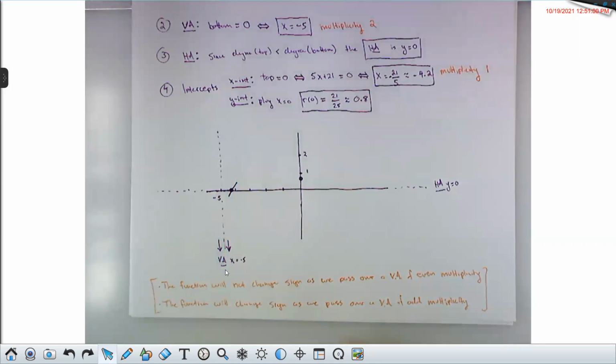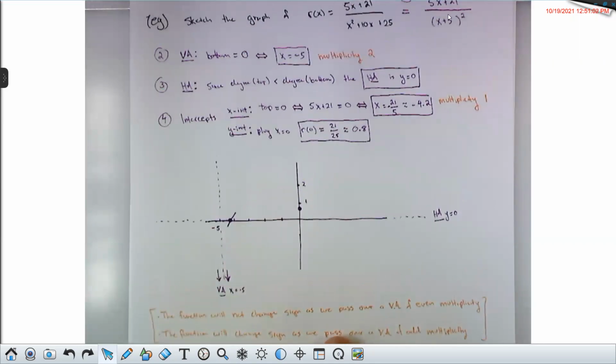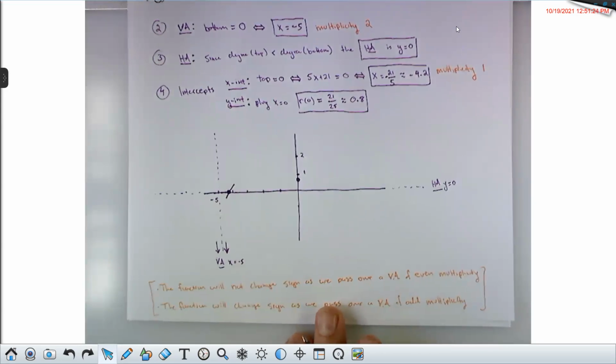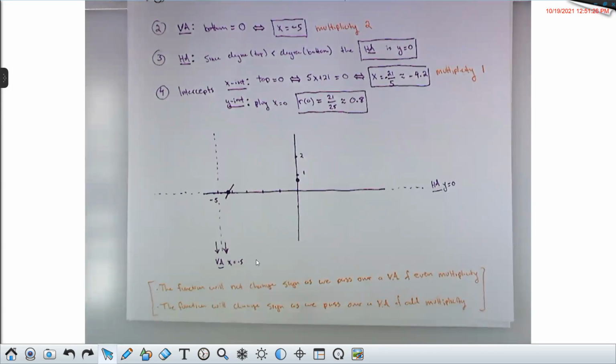The idea is that that VA comes from this factor, and even multiplicity factors don't change sign when you cross over their roots. So if the function is negative to the left of -5, it will also be negative to the right of -5. That factor doesn't change sign, so the function doesn't change sign.